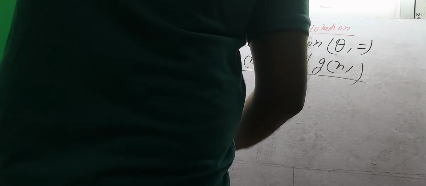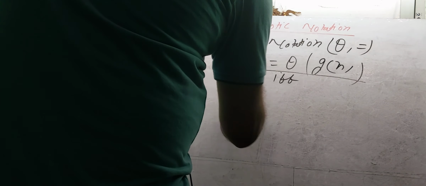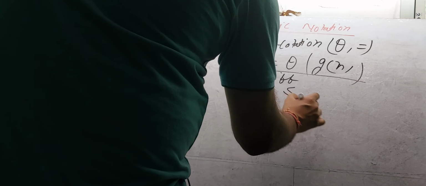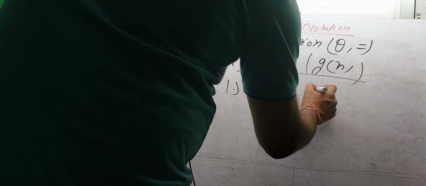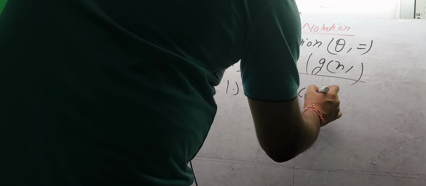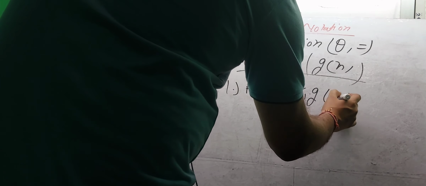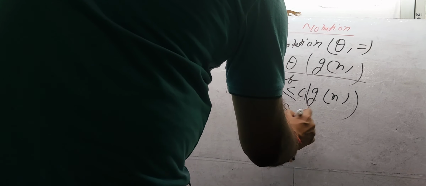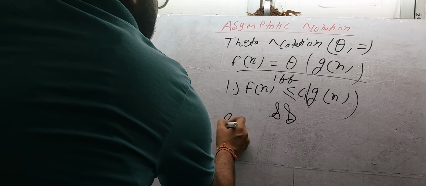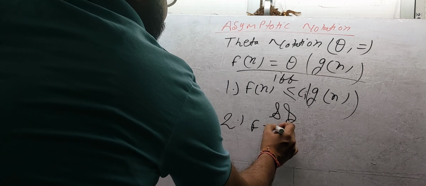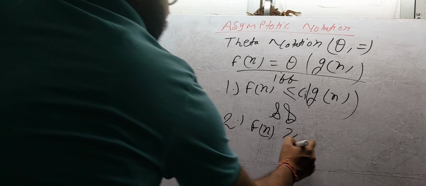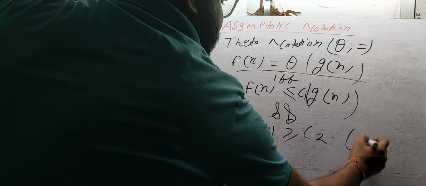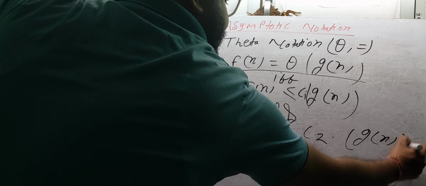if the first condition is f of n is less than or equal to c1 dot g of n, and another condition is f of n should be greater than or equal to c2 dot g of n.